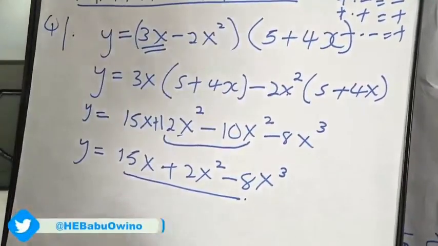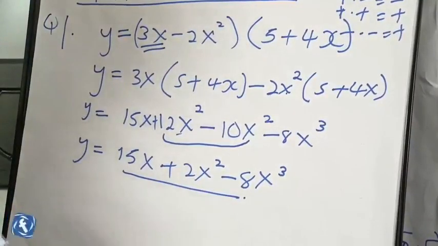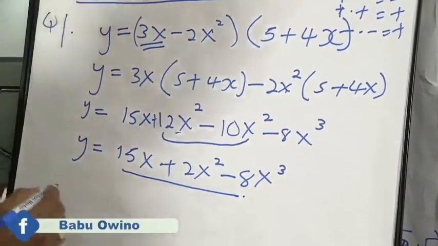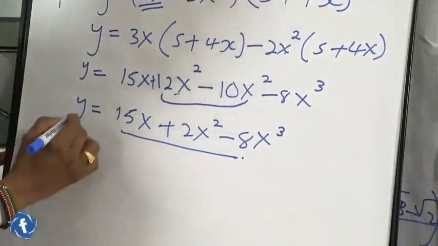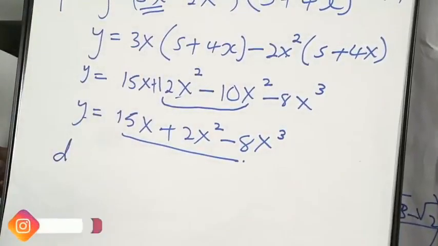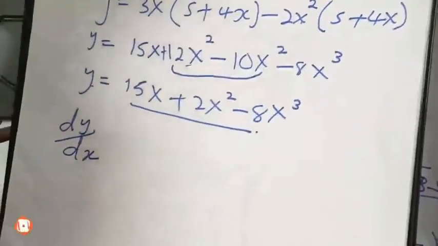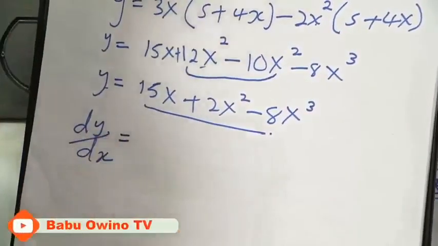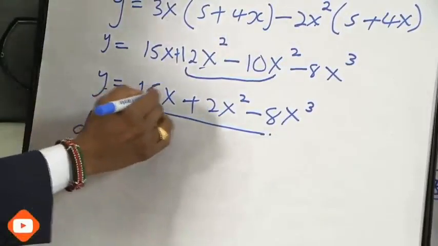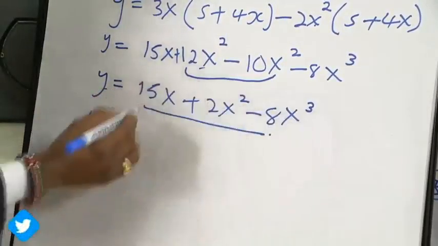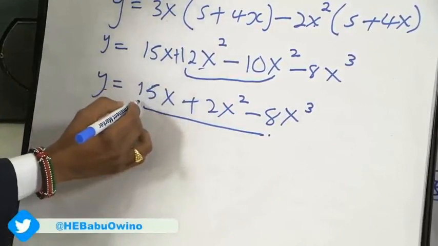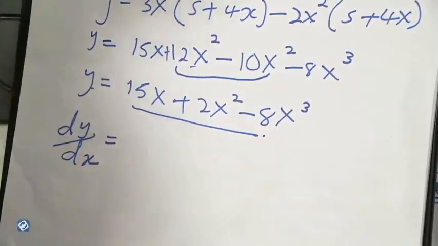Then we are advised to find the derivative. That is differentiation. Differentiation is the gradient function. Now we are going to get the value of y with respect to x, that is dy/dx. This is what we call differentiation. When we want to differentiate, we differentiate every part that we have here. So we first start by differentiating 15x.